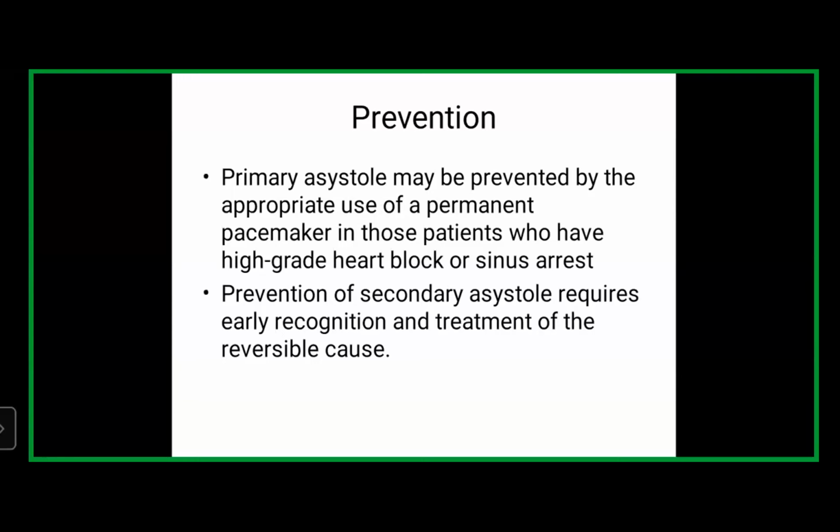So prevention: asystole may be prevented by appropriate use of permanent pacemakers in patients who have high-grade AV block or sinus arrest. And then for secondary asystole, early recognition and treatment of reversible causes will go a long way to prevent the occurrence of asystole.